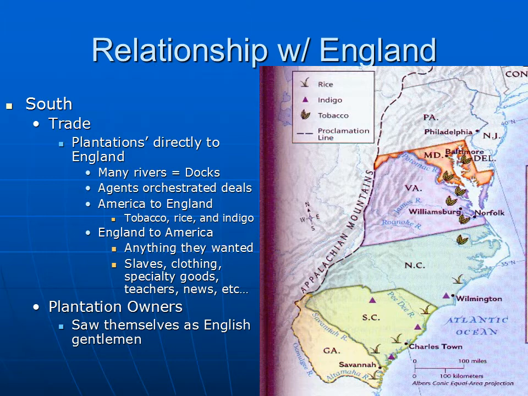The plantation owners can establish their own docks, which gives them a direct line to those English traders, and after handing off the raw materials on the docks, they can then request goods from England. Some of the hot commodities of the time: new styles, or any type of specialty goods.